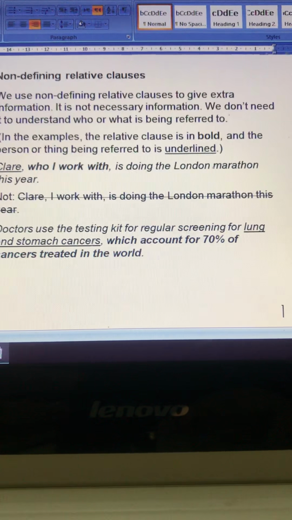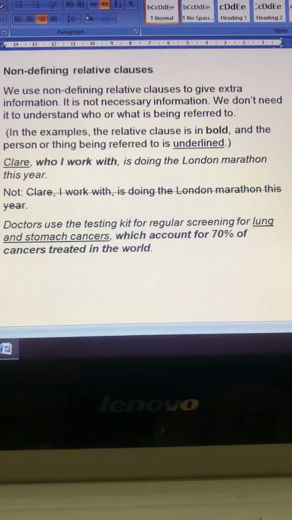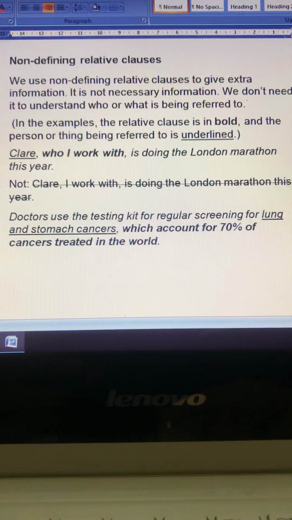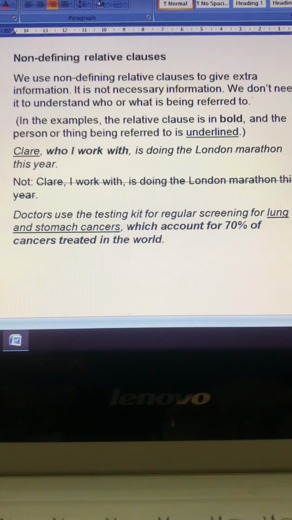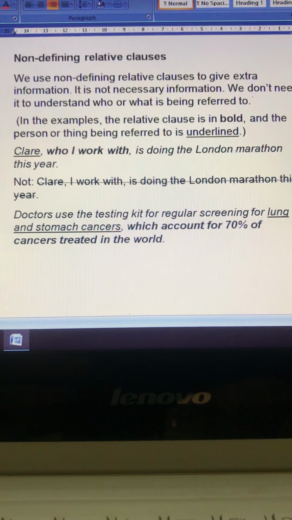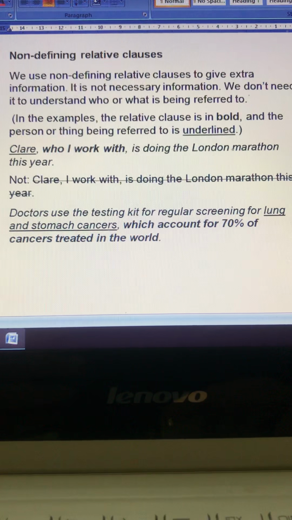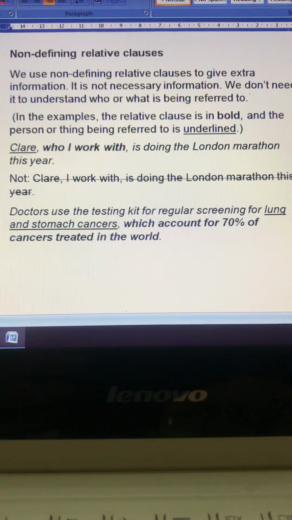To sum everything up, we have defining and non-defining relative clauses. Defining relative clauses give essential information, while non-defining relative clauses only give extra information.